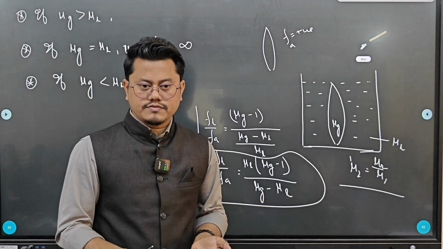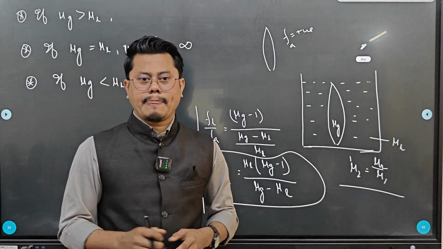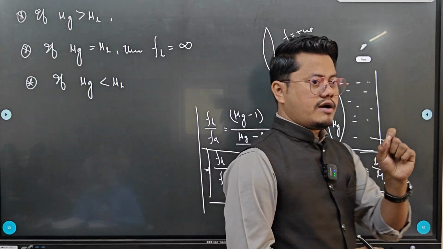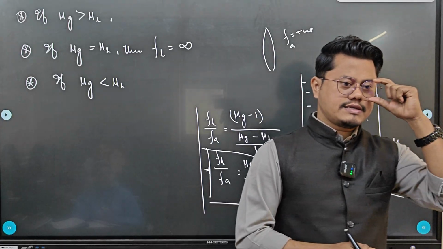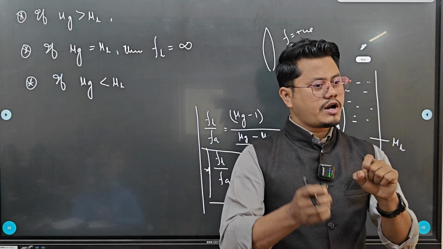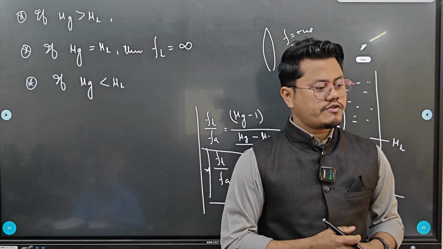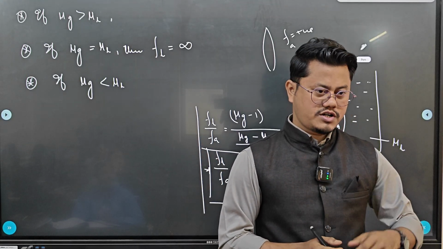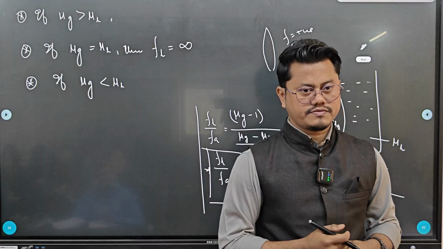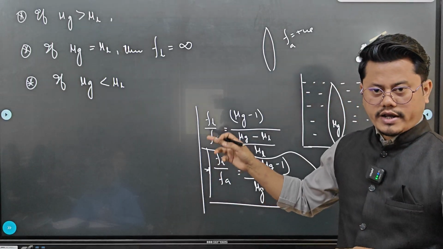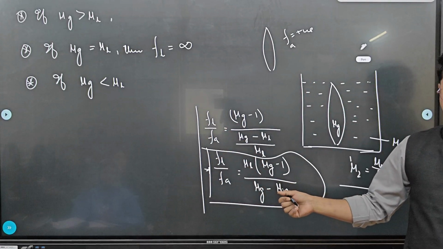So if we immerse a lens inside a liquid having refractive index more than the lens, automatically the nature of the lens gets altered. And we are getting it from the mathematical expression.